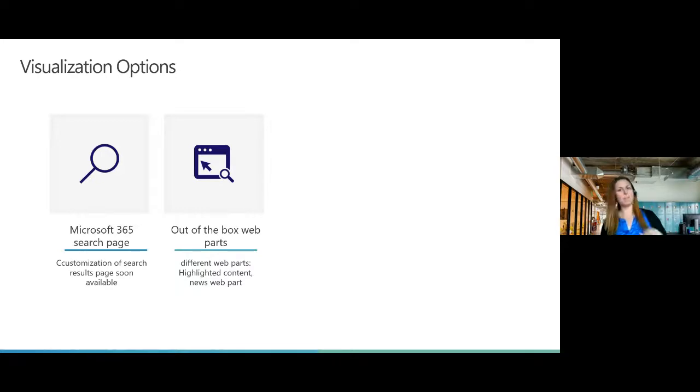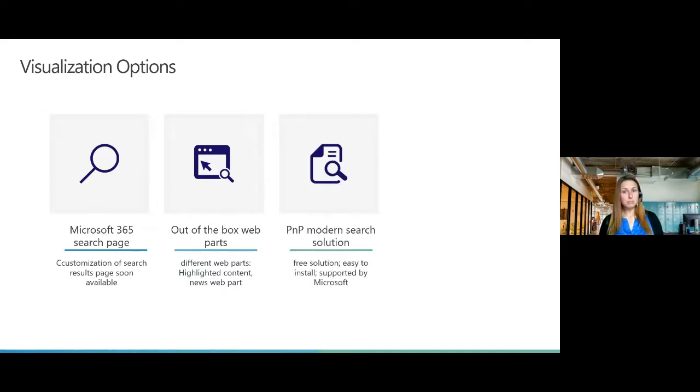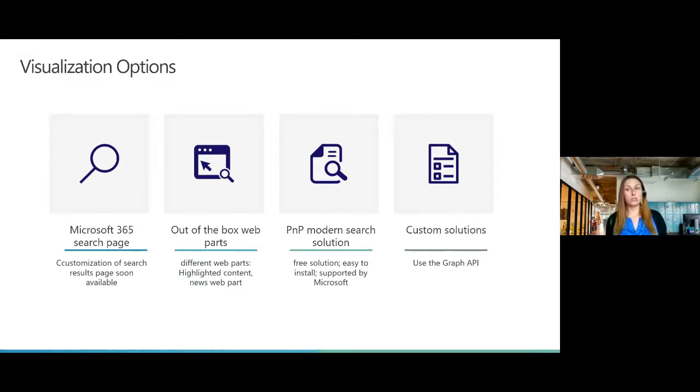We will take a look at them. I think there are 3 Webparts actually: the news Webpart, highlighted content, and the sites Webpart. Then we have the TNT Modern Search solution. That's a free search solution, and it's also supported by Microsoft. And you can also define your custom solutions by using the Graph API.